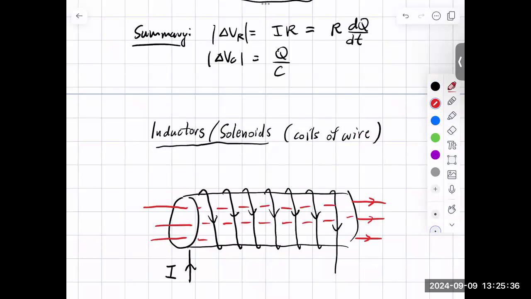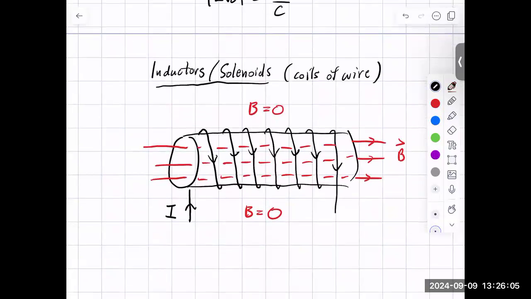I'm not going to go through the argument, but just like for the capacitor, where we said there would be an electric field between the plates but it was zero outside, it's also true that the magnetic field is zero outside of the solenoid, but non-zero inside, going through the solenoid. Okay, let's give this thing a length. Let's say that this thing has a length L.